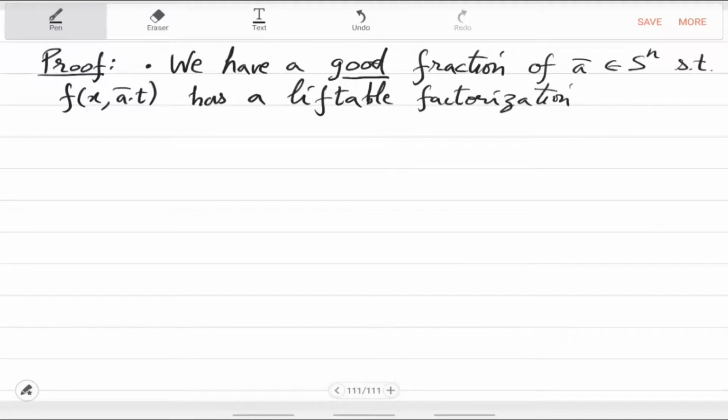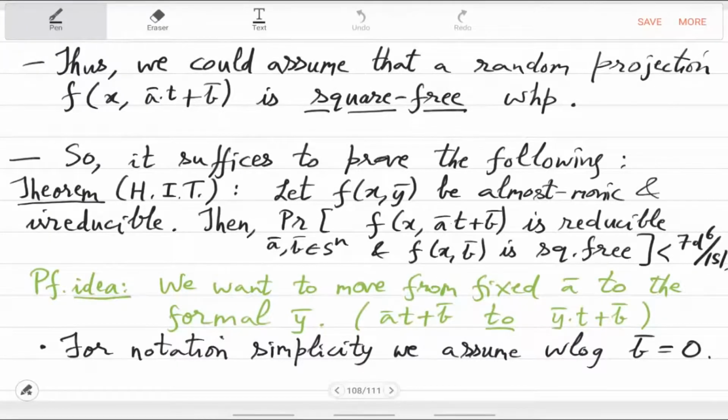Actually, why is that? Why is that fraction good? Let's just take a step back and try to understand this. What we are actually assuming is the opposite of what we want to show, that for most of the A bar, B bar, f(x, A bar t plus B bar) is reducible.